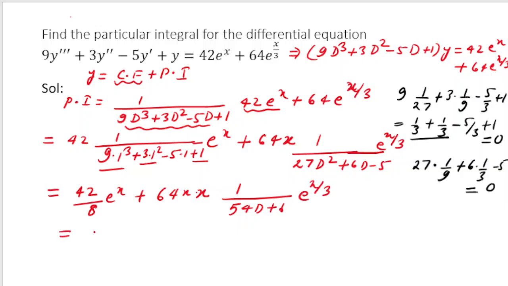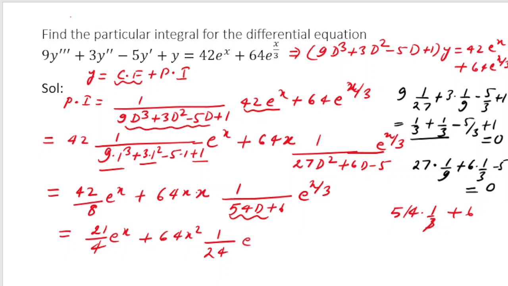So 42 by 8 can be written as 21 by 4 e to the power x plus 64x square, and here I think I can substitute 1 by 3 now. So if I substitute 54 into 1 by 3 plus 6, so it will be 18 plus 6 is 24, so I will get 1 by 24 e to the power x by 3. You can simplify it.